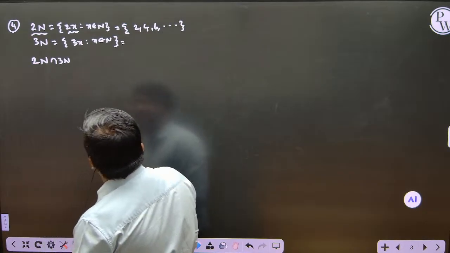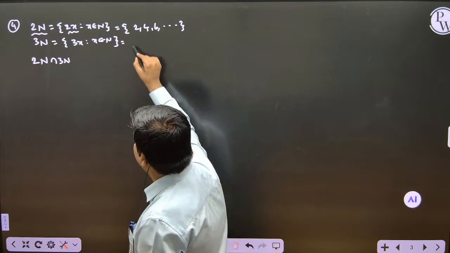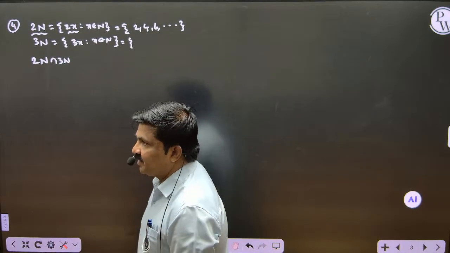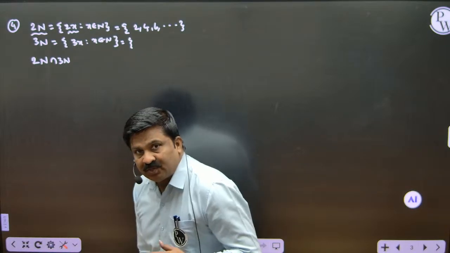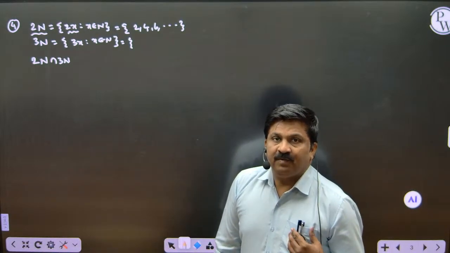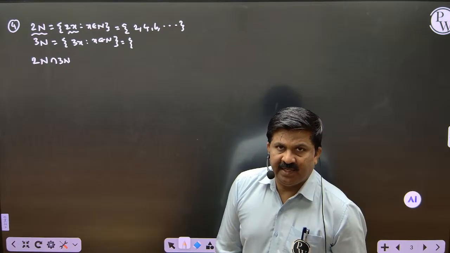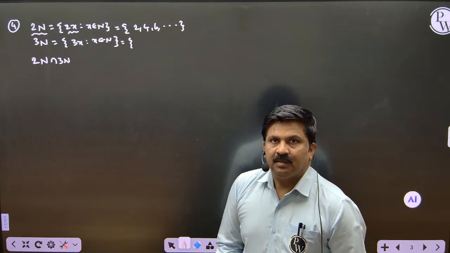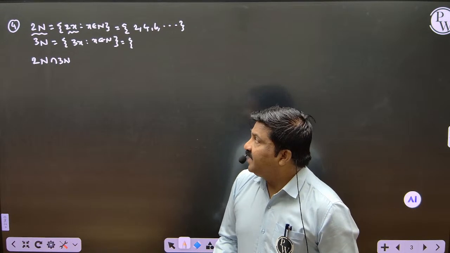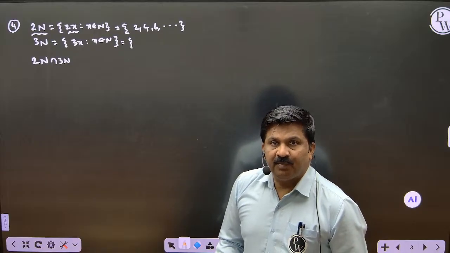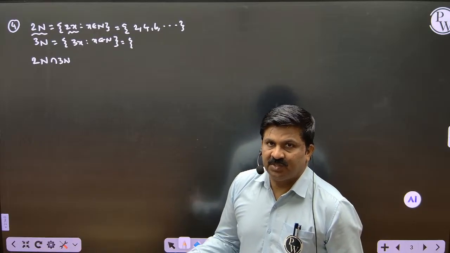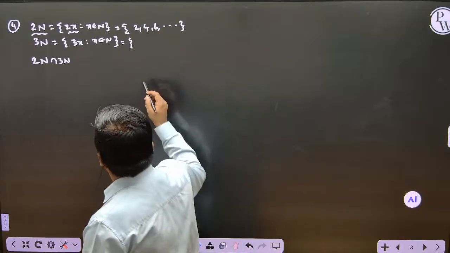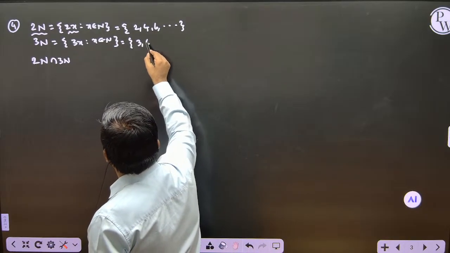But what is 3n? 3n also consists of natural numbers, but those are the numbers divisible by 3. That is, 3n gives multiples of 3, the positive integers 3, 6, 9, like this.